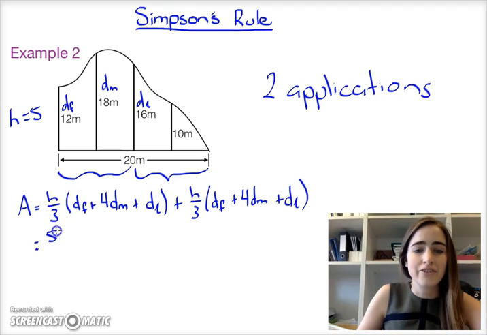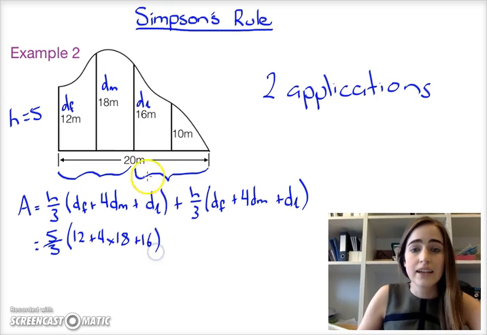So we can fill it in for that first one: 5 over 3 times (12 plus 4 times 18 plus 16). For our second application, we've still got that same h of 5, so it'll be 5 over 3. For this one, that 16 is actually going to be our first measurement, our df.